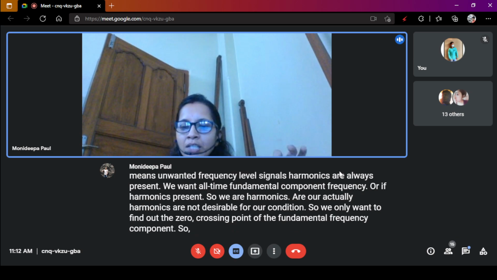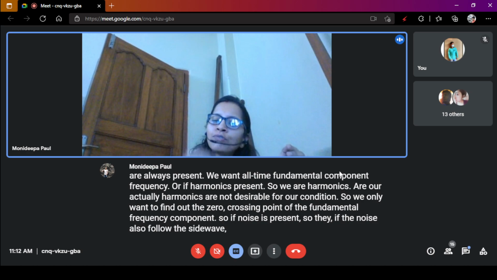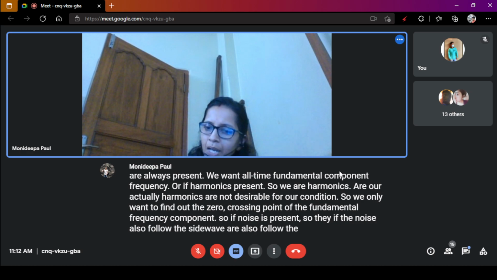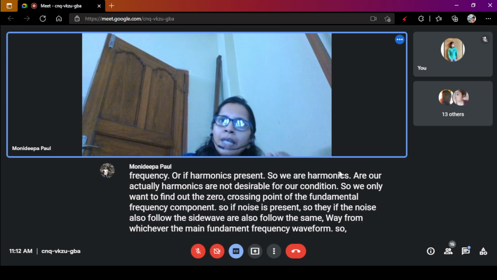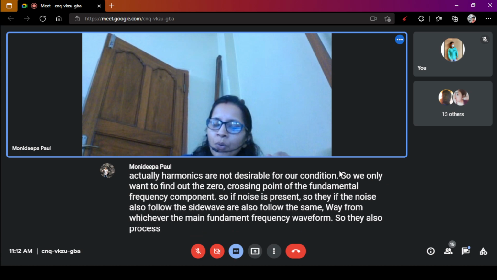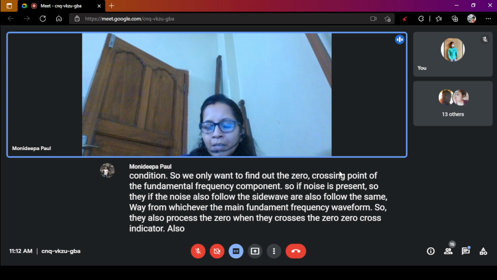If the noise also follows the same waveform, it also crosses zero, and the detector detects that point too.